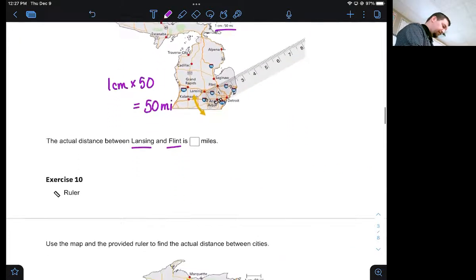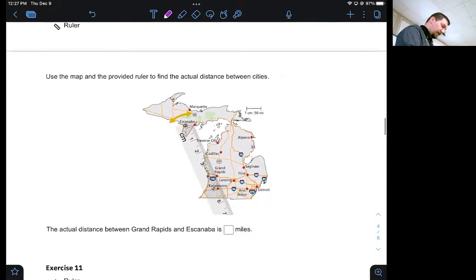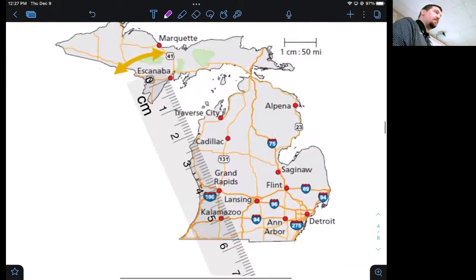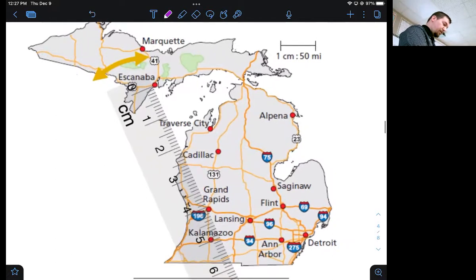Number 10. Moving right along here. Grand Rapids and Escanaba. Now, Escanaba is up there in the Upper Peninsula, and obviously I wouldn't be able to drive straight to that city, but we're going to find this distance as the crow flies, which is a straight shot, even though you can't drive that distance. You have to go through the bridge up here. And so that looks to be exactly how many centimeters? Whitney? 4 centimeters.